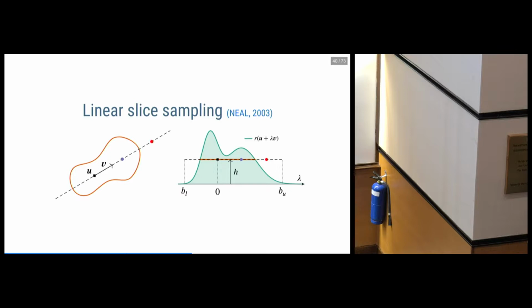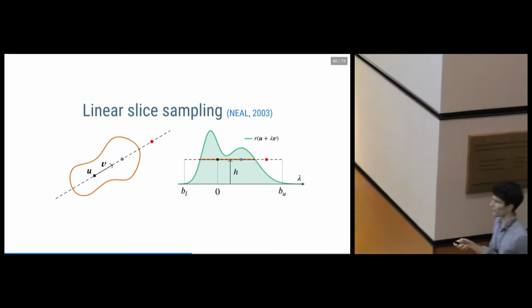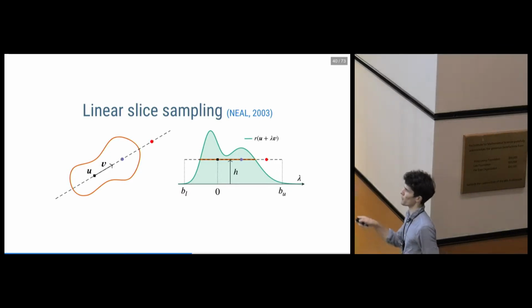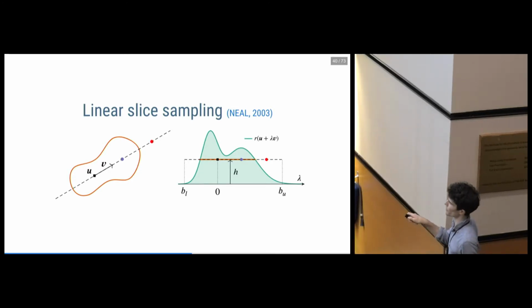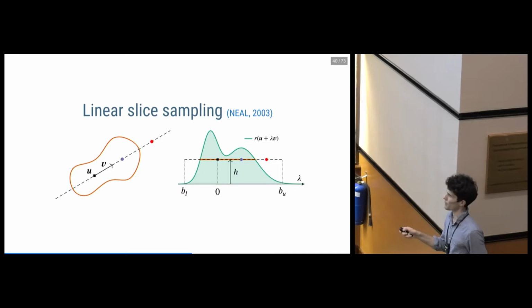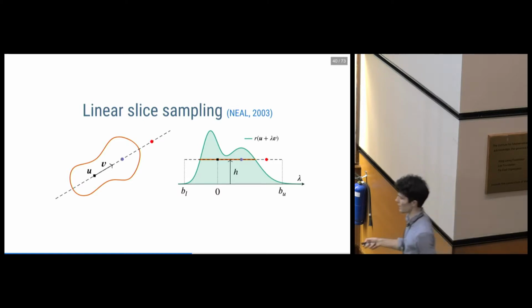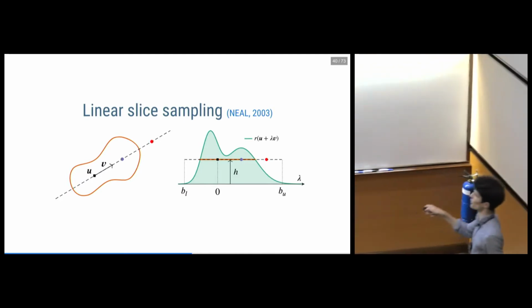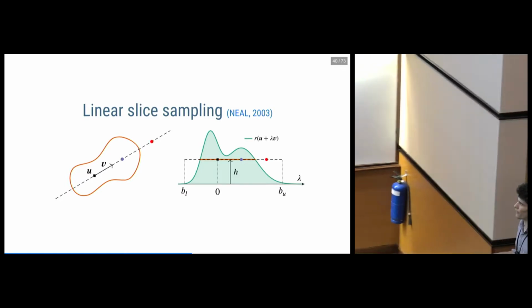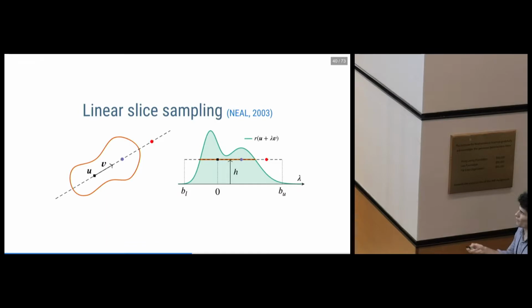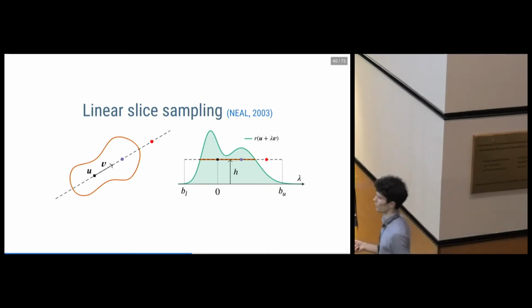But it's worth strongly emphasizing at this point that although this is a free tuning parameter, setting this slice bracket width, whether or not we use the doubling or stepping out procedure, because there is both this adaptivity of potentially expanding that, but then also the recursive slice shrinking down to a more local proposal, the overall algorithm, in terms of how far we actually move, is fairly insensitive to the choice of that slice bracket.